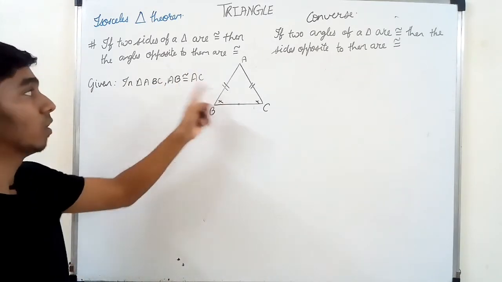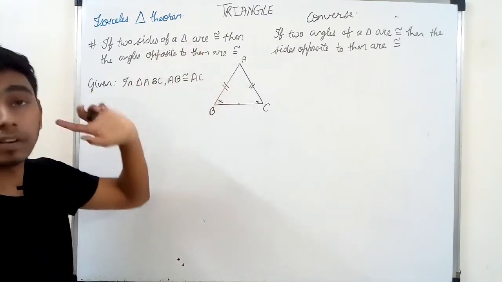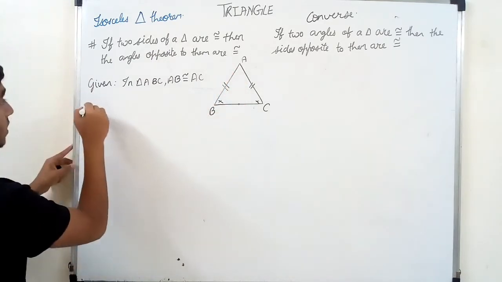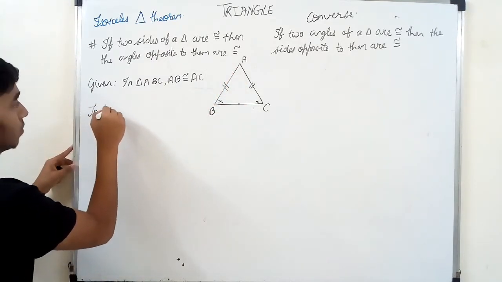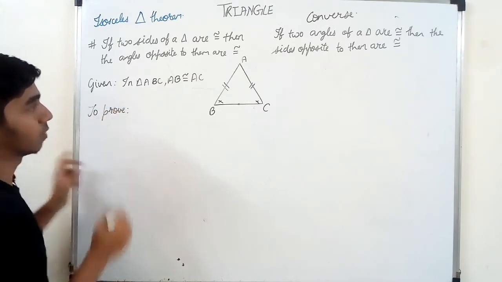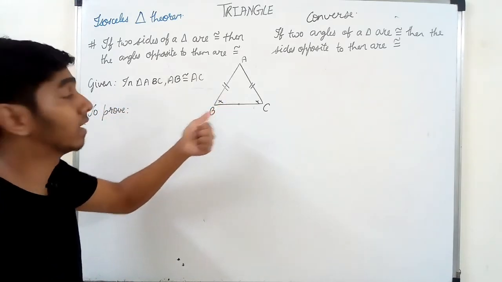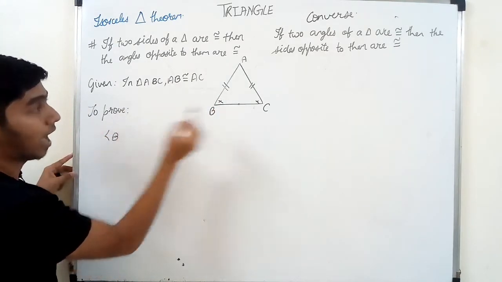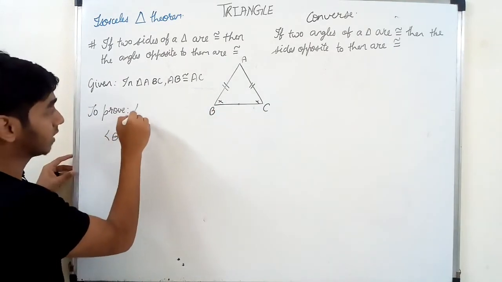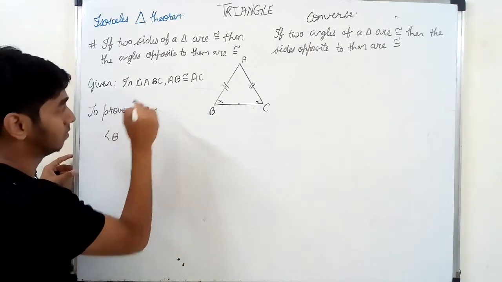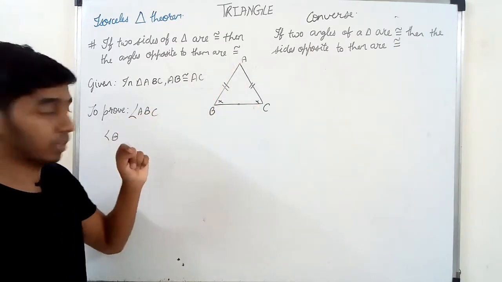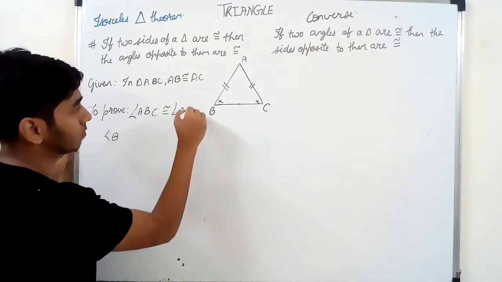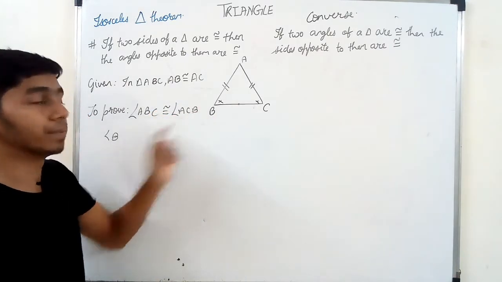Now what is to be proved? Nothing else is given, correct? We have to prove angle B and angle C are congruent, and we can write it as angle ABC is congruent to angle ACB.